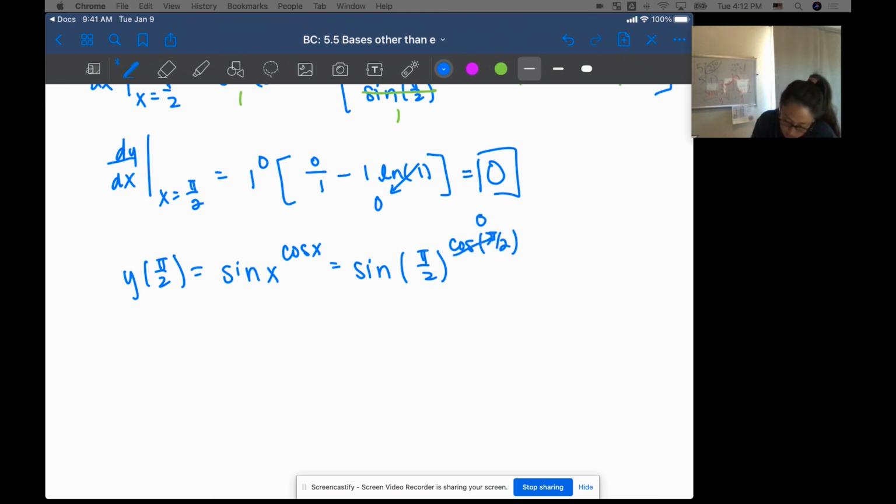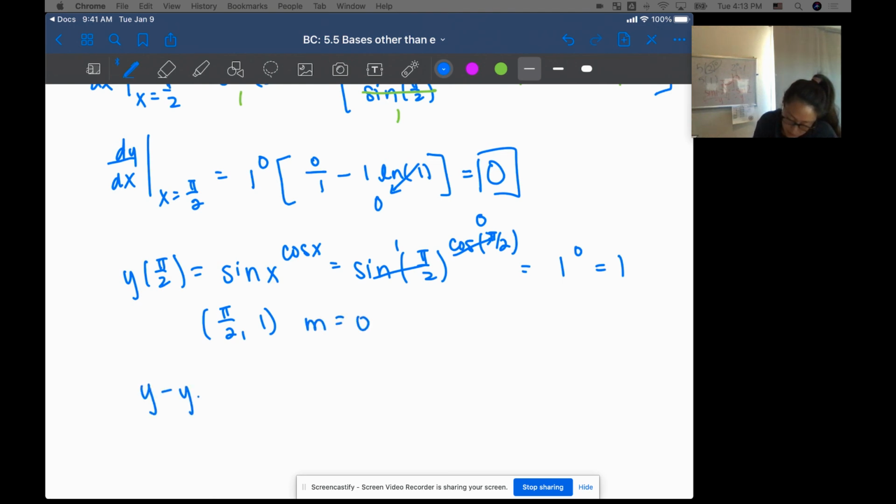Cosine is 0, sine is 1, so this is 1 to the 0, which is equal to 1. So the graph goes through the point (pi over 2, 1) and has a slope of 0.